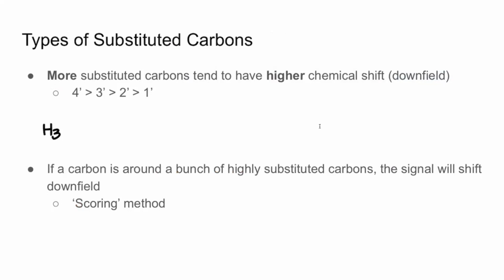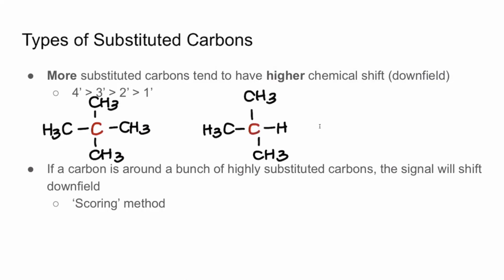So imagine we had this carbon in the middle. Looking at the carbon in the middle, there's a bunch of methyl groups around. That's going to be your quaternary. Let me draw your tertiary. And my bad, let me draw your secondary.